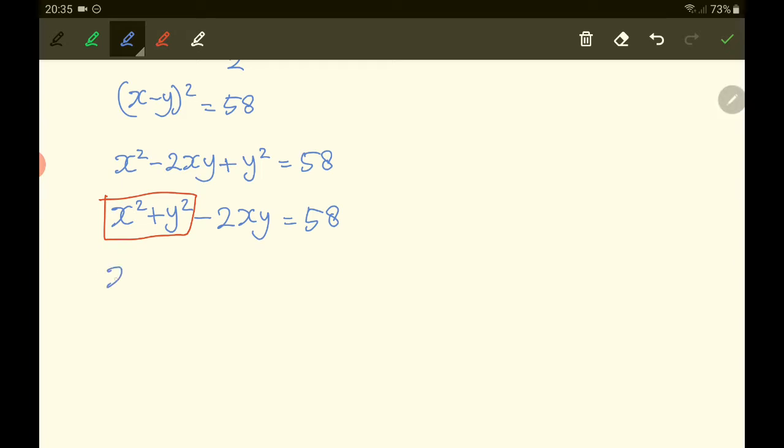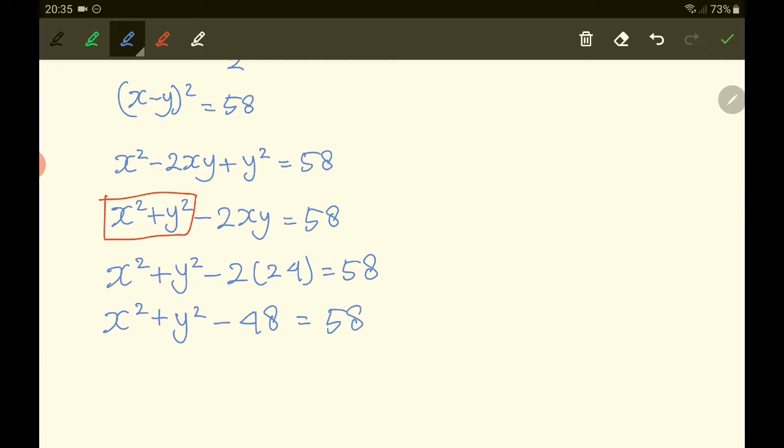So we can write x squared plus y squared minus 2 times 24 equal to 58. 2 times 24 is 48, so this is minus 48. So x squared plus y squared minus 48 equals 58.